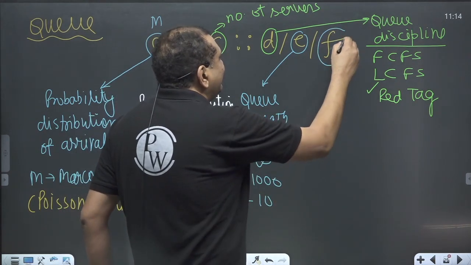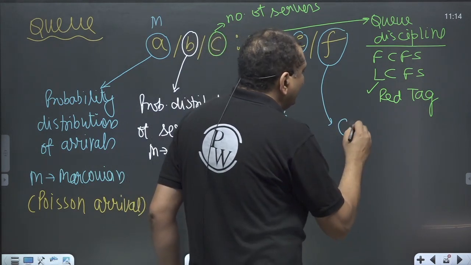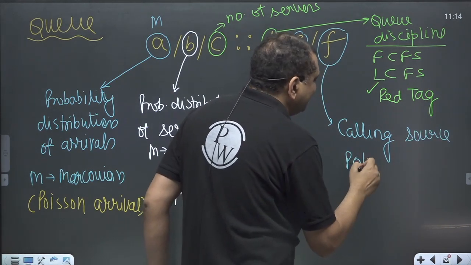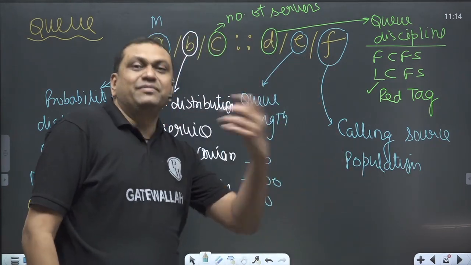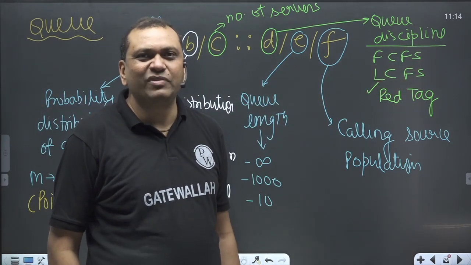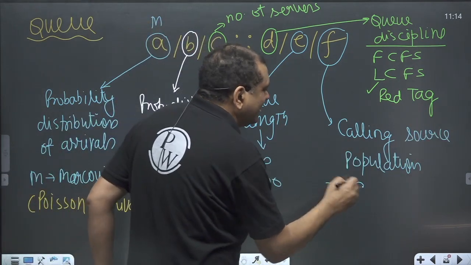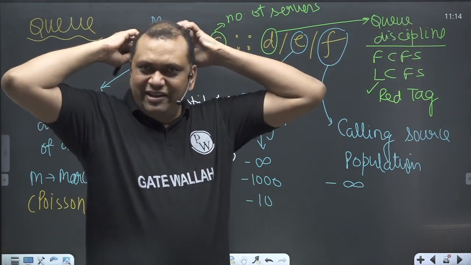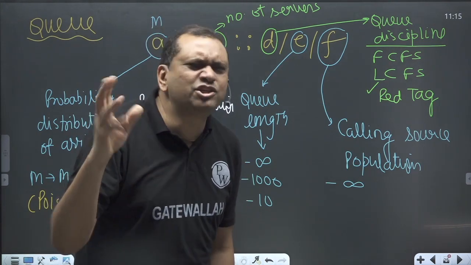Now, F is called the calling source population. I will give you some examples. Train reservation facility: anybody from the public can come and join, so that is infinite. Calling source population is infinite, meaning anybody from India, whatever the caste or creed, beggar or rich person, everybody can join the queue.